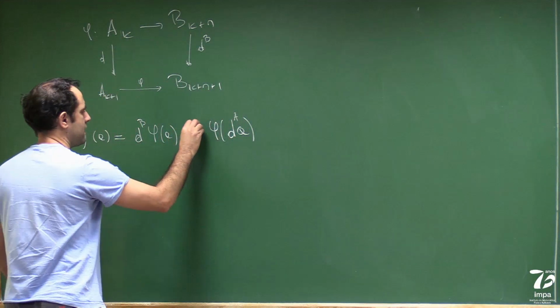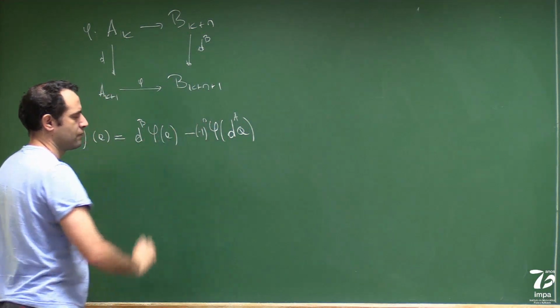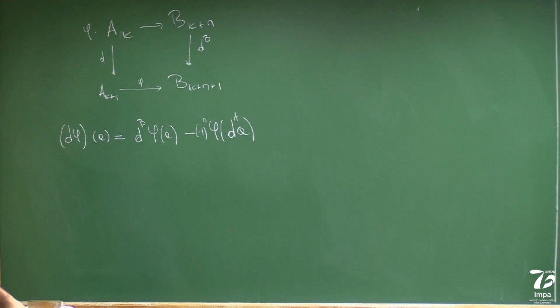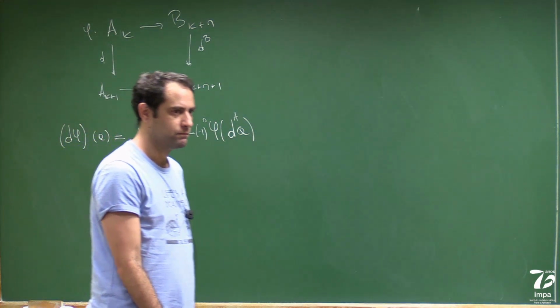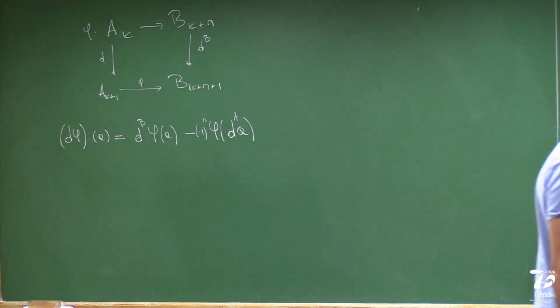So I'll probably add here minus 1 to the n. So in particular, a phi in Hom 0, which is in the kernel of this, is a map of complexes. Okay? That's the whole thing.